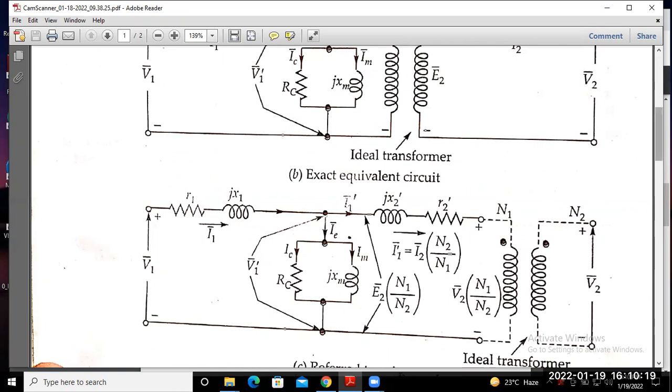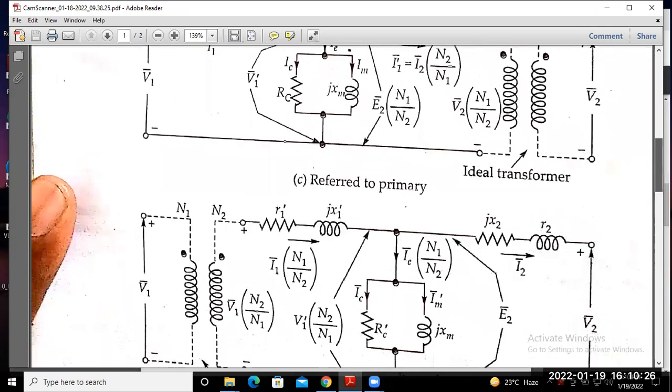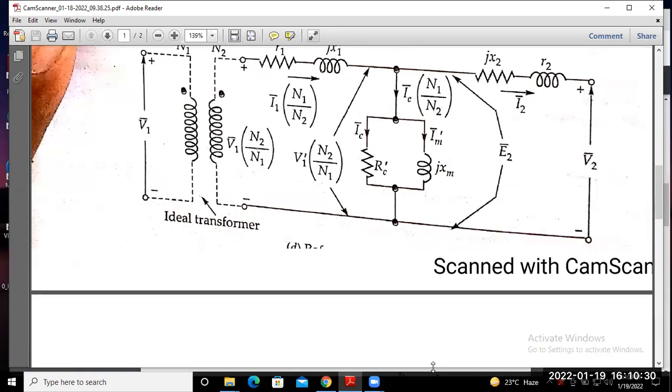So when we refer towards the secondary side, the circuit looks like this. Okay, that means it looks like this in this manner.